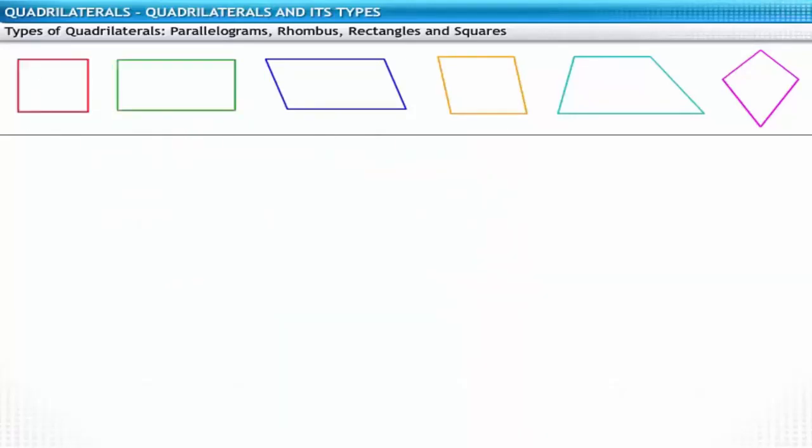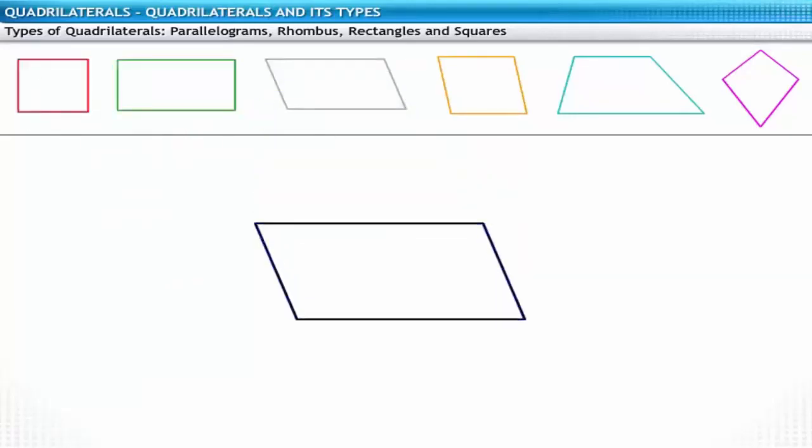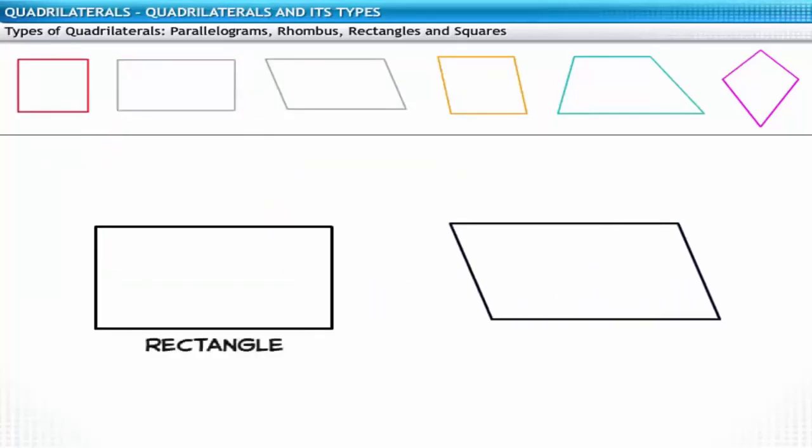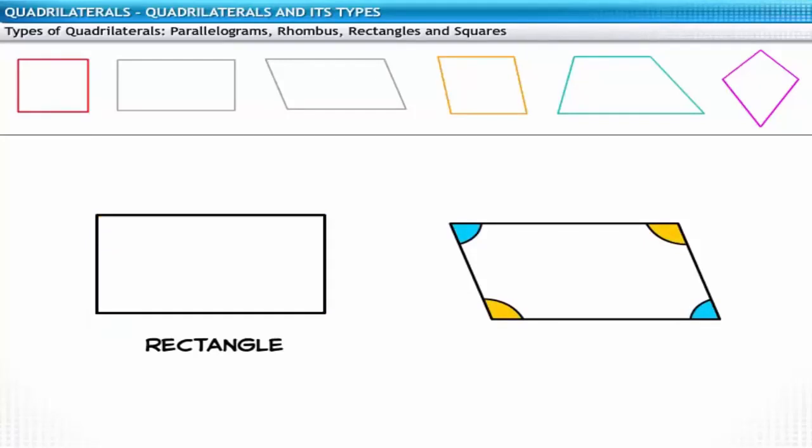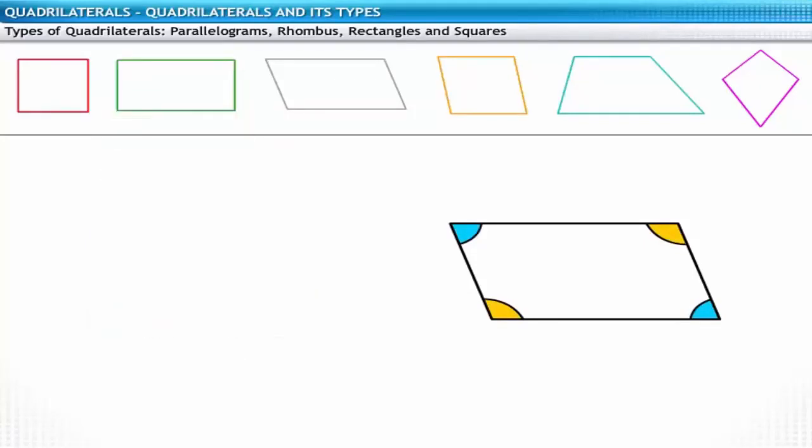Next, let's consider the third quadrilateral. If we compare it with the rectangle, we see that it is different from the rectangle in terms of the measure of its angles. Its angles are not right angles. However, the opposite angles are equal.